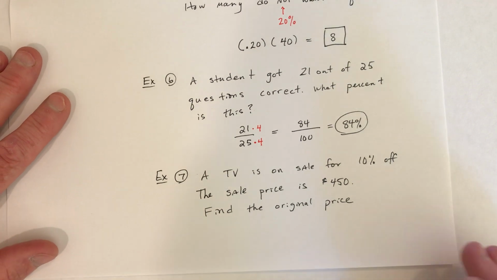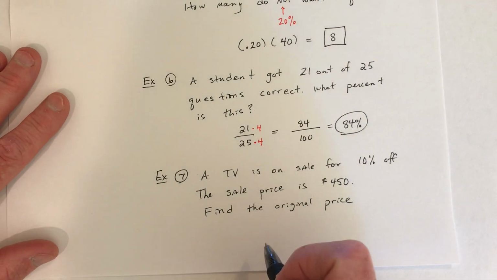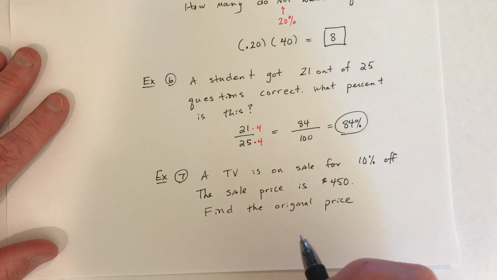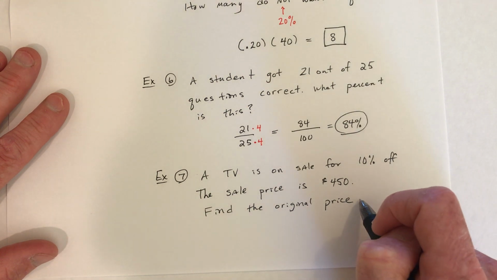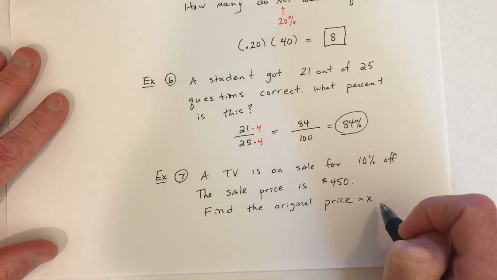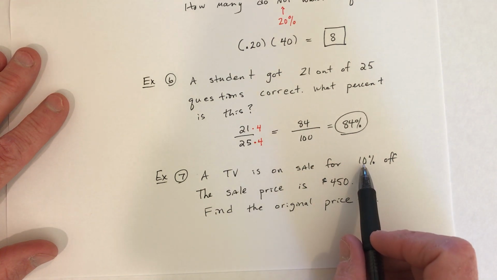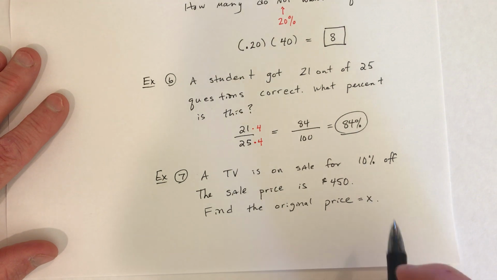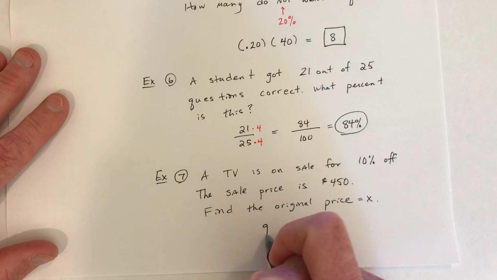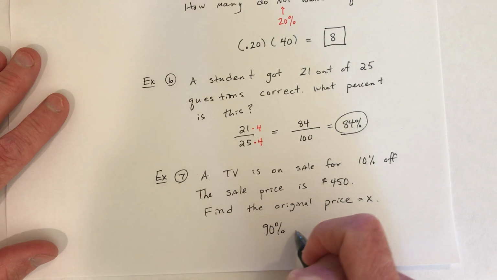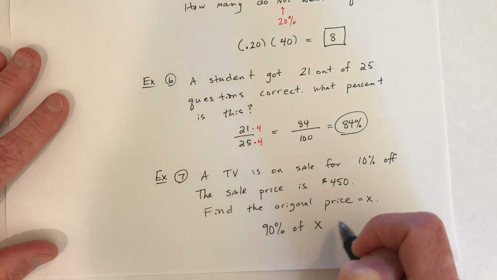So one way to do this is you go, whatever the original price was, so for that, I'm just going to call it X. Basically, if you get 10% off, that means you're still paying 90% of the original price. So what's 90% of the original price?